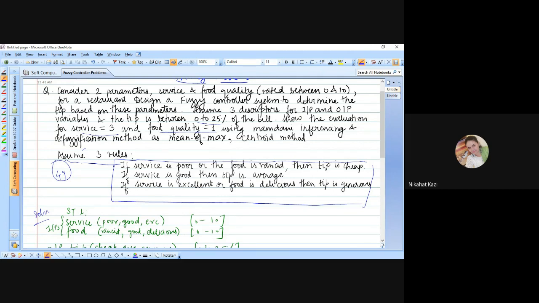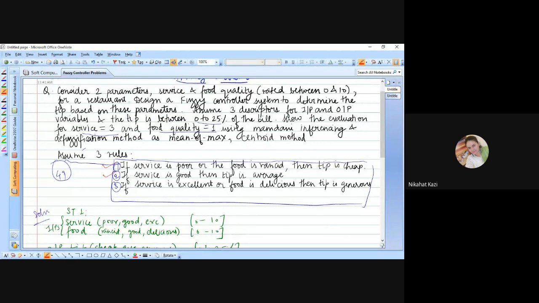Service value 3 was there for rule 1. It is service is poor. It is coming under poor and it is coming under good as well. Yes or no? So if I just number these rules as 1, 2, and 3, there are 3 rules, right? So rule number 1 and 2, they are mapping to service, poor and good.